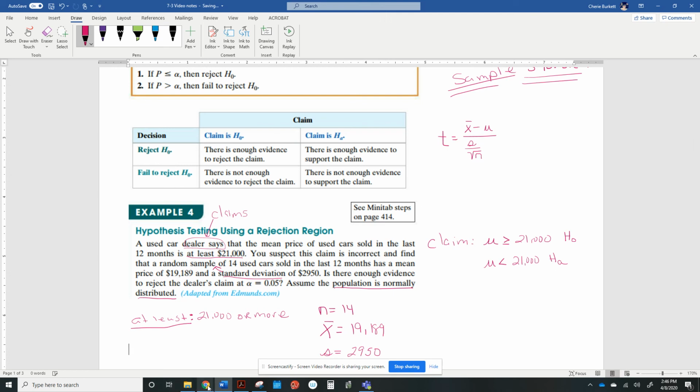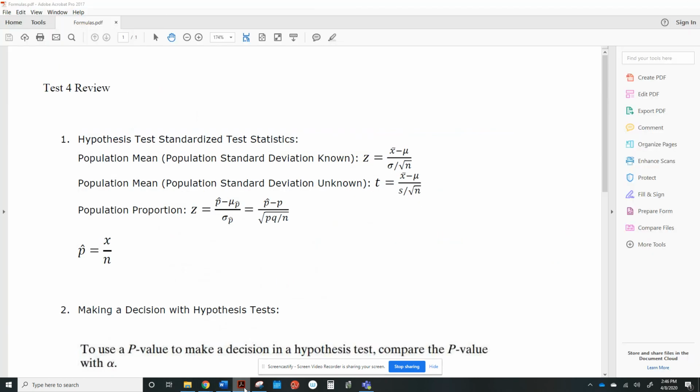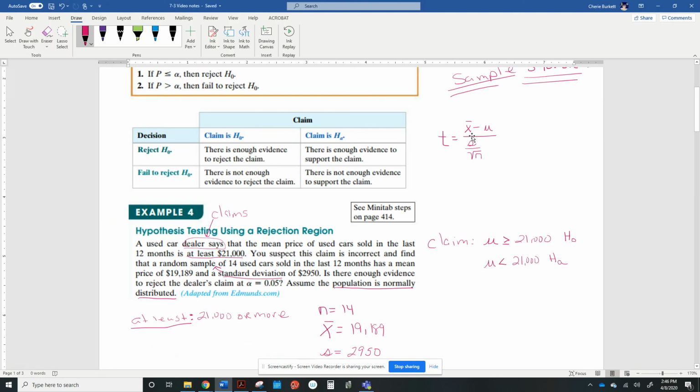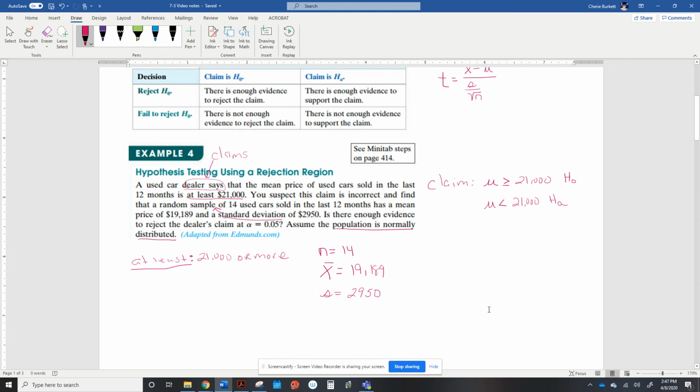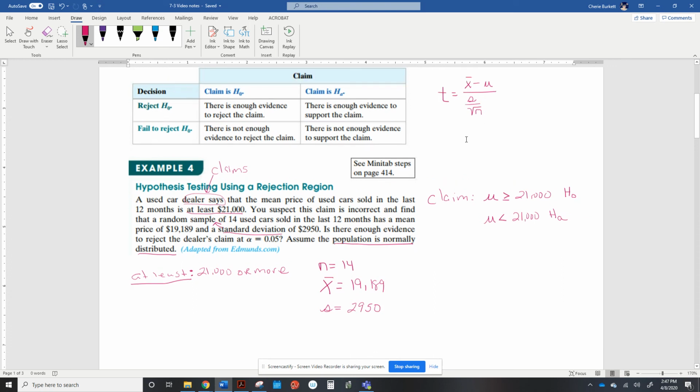Let me go back and make sure that was right. There it was. S divided by the square root of n. Okay, so x bar minus mu divided by s divided by the square root of n. So you can do that by hand and find that t value.